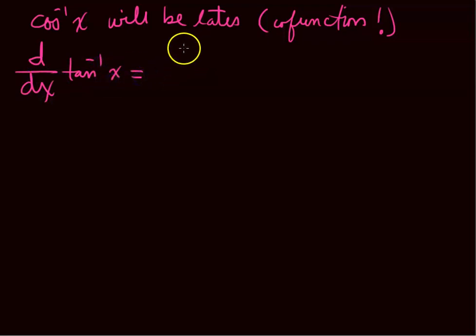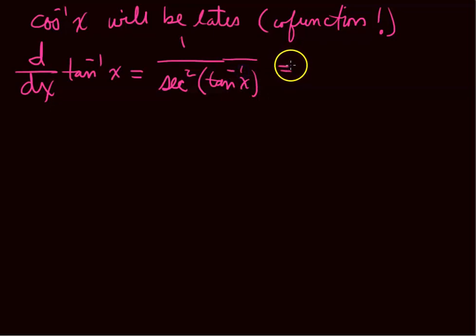Well, once again, it'll be 1 over, and I may skip a little bit here. What's the derivative of a tangent? It's the secant squared of the inverse tangent of x. Well, hold it. That's negative 1 inverse. Okay. What do we know about secant squared?